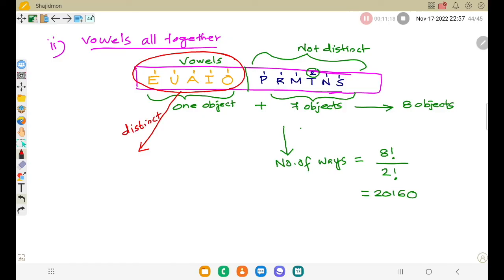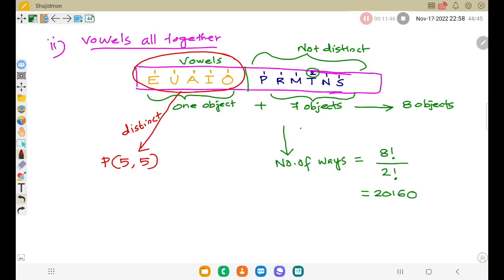Correct? So if it is distinct, how do we find how many ways of arrangement, permutation? Permutation of how many letters are there? 1, 2, 3, 4, 5 letters. Correct? How many are we taking at a time? 5 letters. Correct? So P55. If it is distinct, it means direct permutation. We studied it in the beginning: permutation of 5 letters, 5 taken at a time.